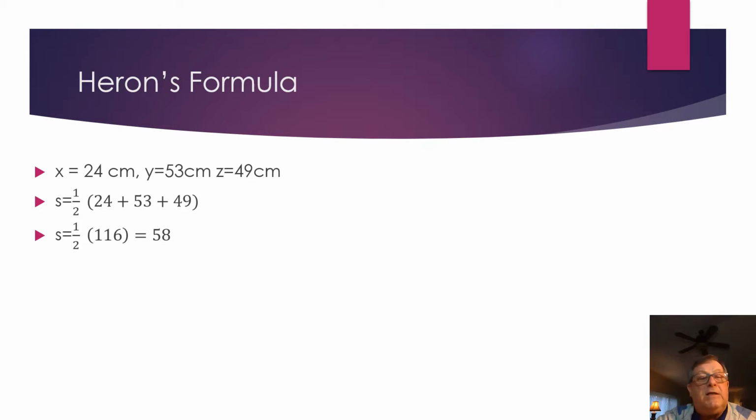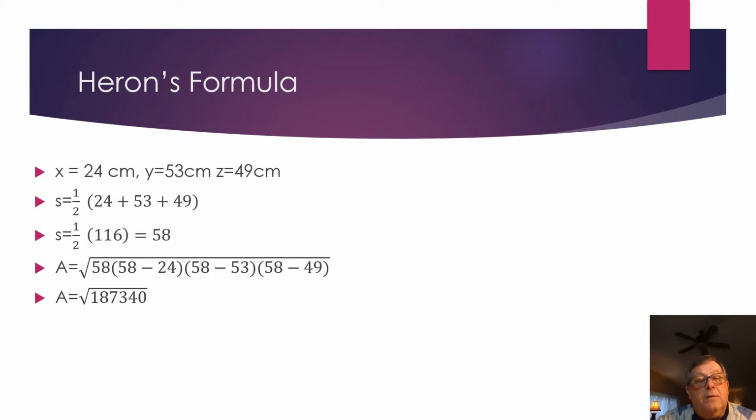Now we're going to plug this into our area formula. Our area formula states that we've got the square root of S, 58, times S minus X, 58 minus 24, times S minus Y, 58 minus 53, and then S minus Z, 58 minus 49. So we've got the square root of 58 times 34 times 5 times 9.